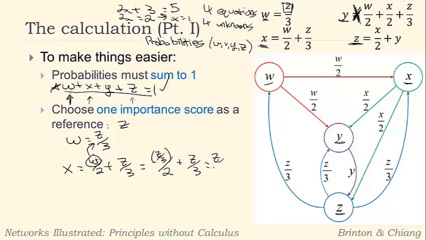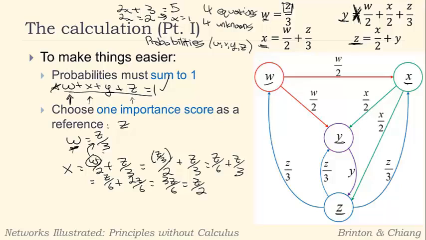So that's z over 6 plus z over 3. And then if we make each of them a common denominator, we have z over 6 plus 2z over 6, which is then 3z over 6, which is equal to z over 2, 1/2 z.